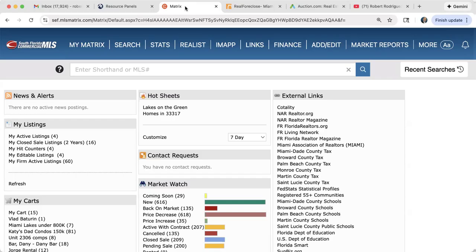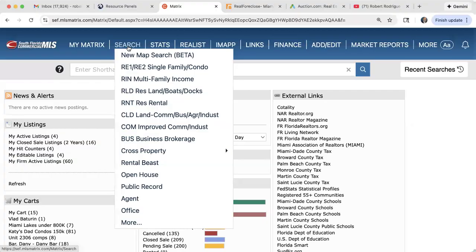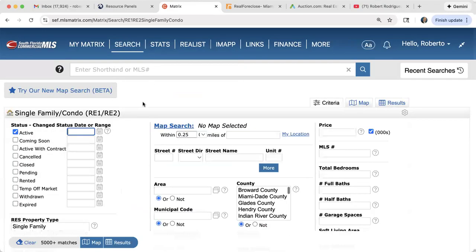All right, so once you are in the MLS, of course, you have the ability to search for any property listed in the entire MLS. We're gonna begin with a single family home, so we are gonna tap into RE1 and RE2. Now, once upon a time, years ago, there were many different properties that were available for a quick fix and flip, and then that started to diminish as we headed into the pandemic.